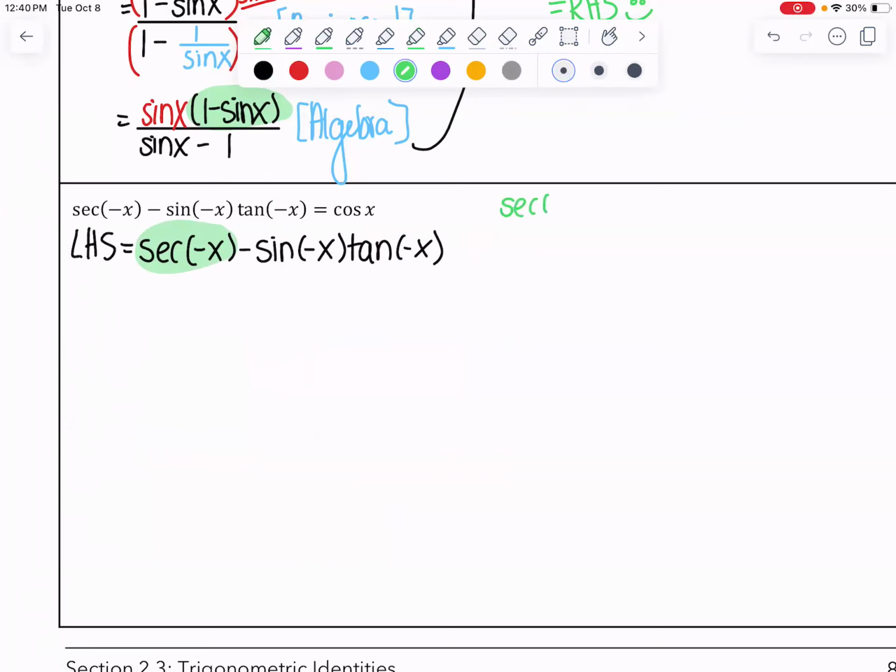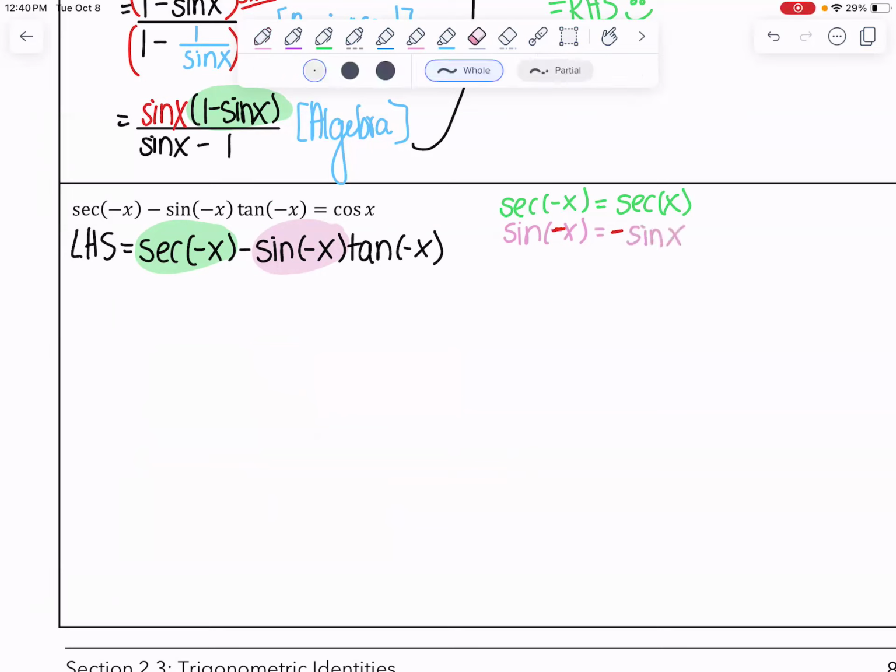So secant of negative x is just secant of x, the negative gets destroyed. Sine of negative x, you can take that negative that's inside and bring it outside. So negative sine of x.